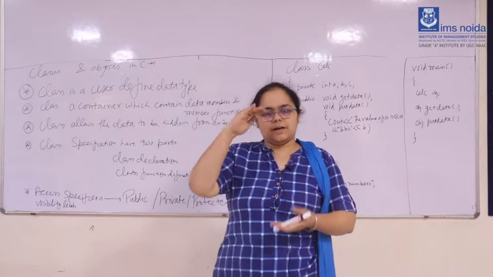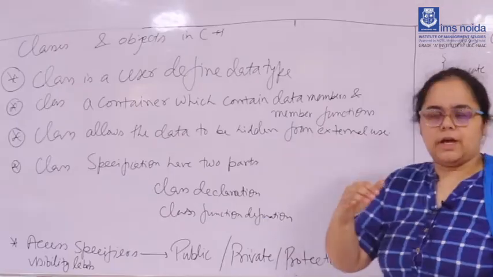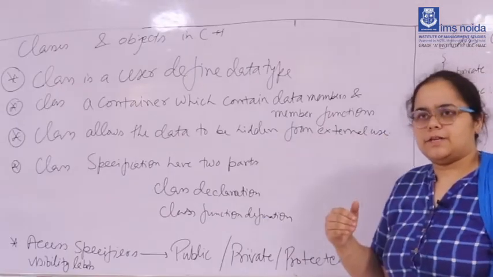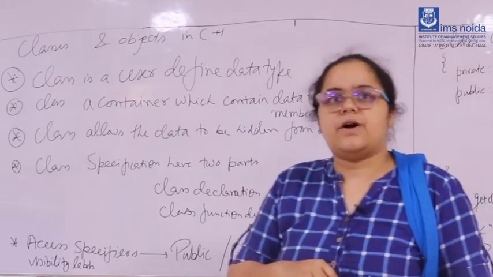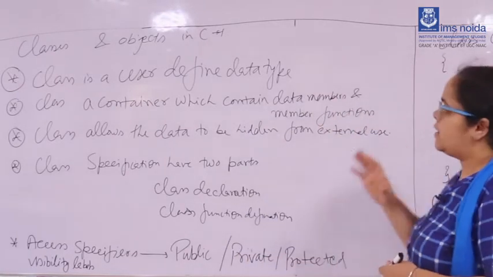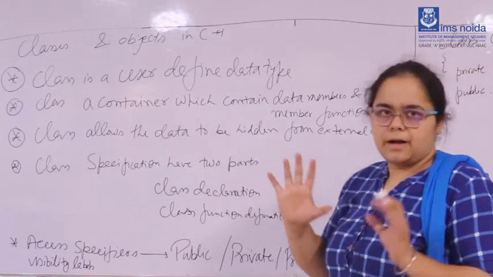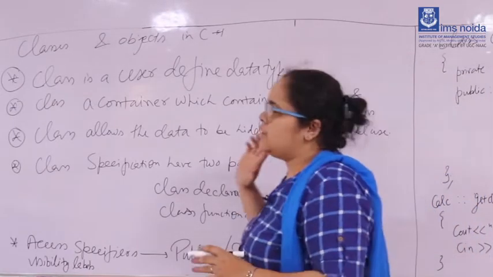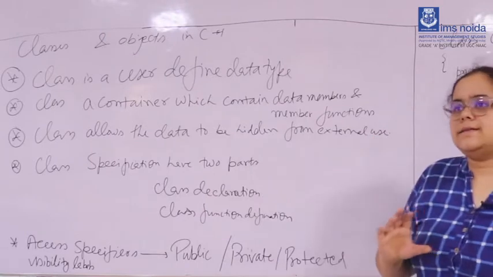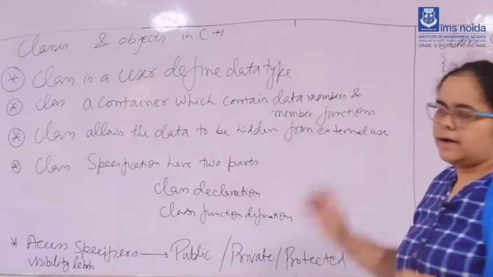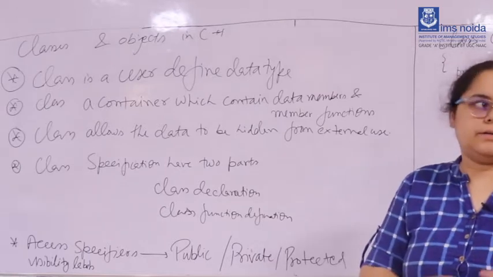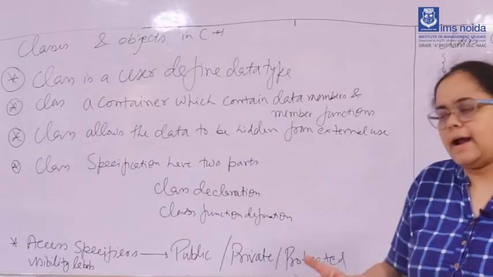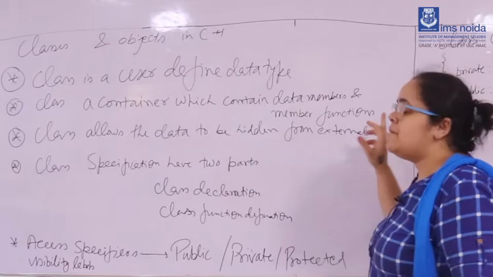We have a container kind of thing in C++, and in that we can have our data members and member functions so that we can create the object oriented concept. First you have to understand that a class is a user defined data type, so you can define your data type on your own. You can have your kind of data members and your kind of member functions.